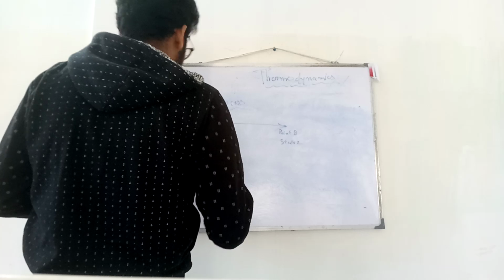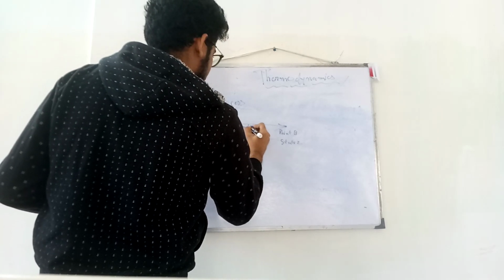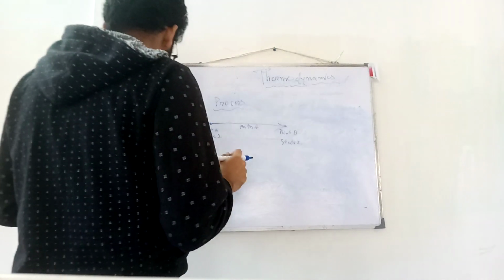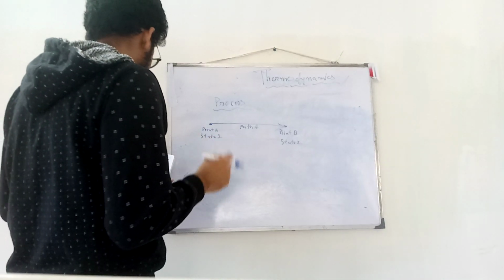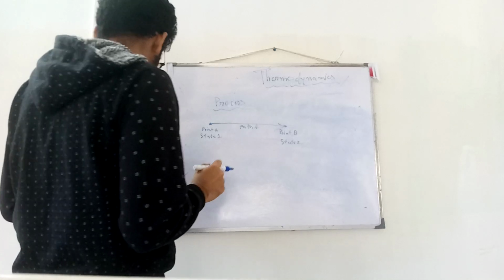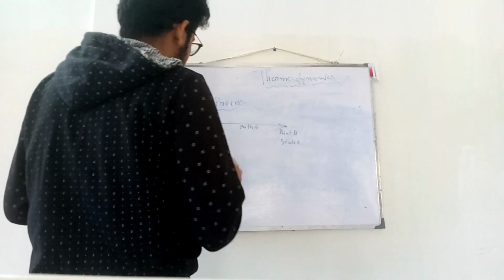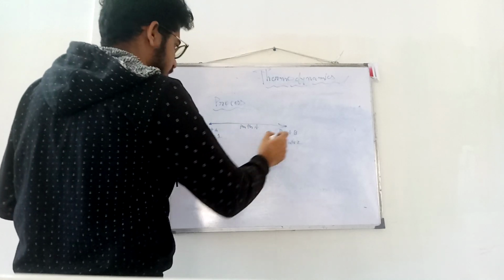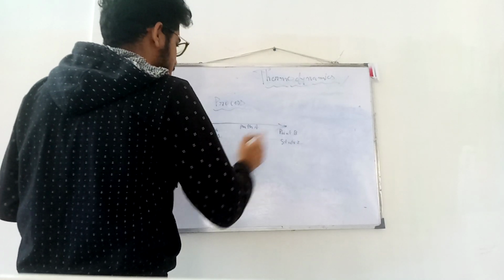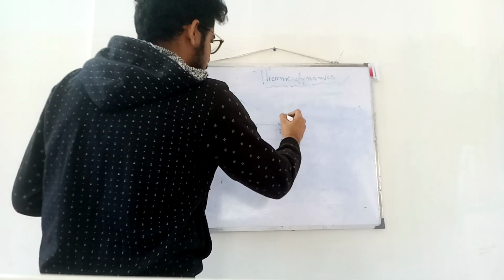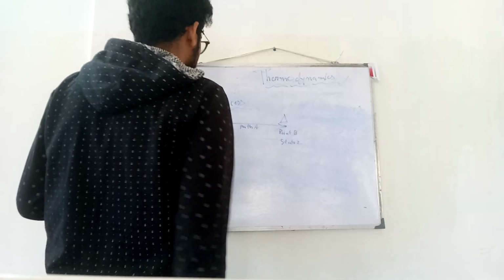Suppose this is path 1, path A. The path through which the changing state of a system takes place is called a process. Suppose a substance is at point A, and a substance is at point B.